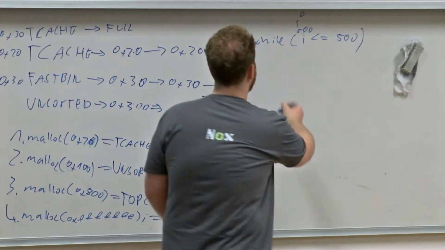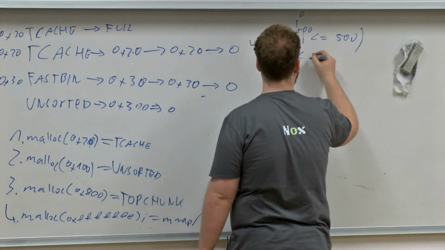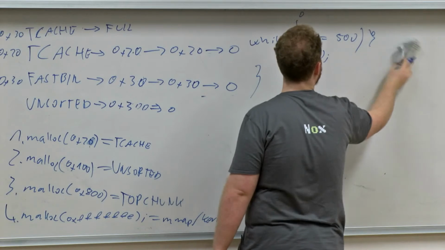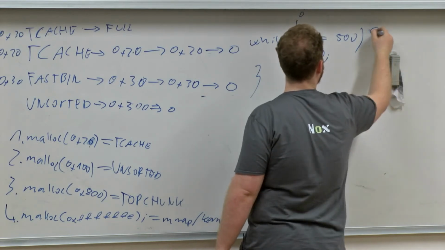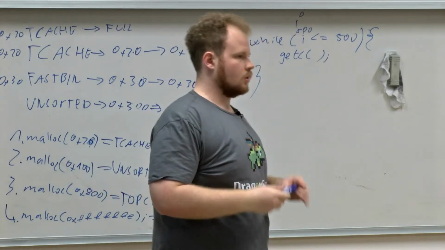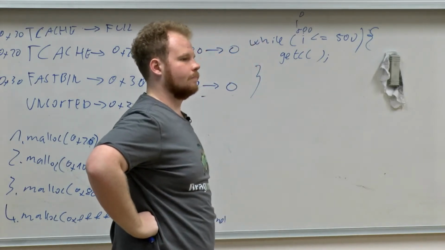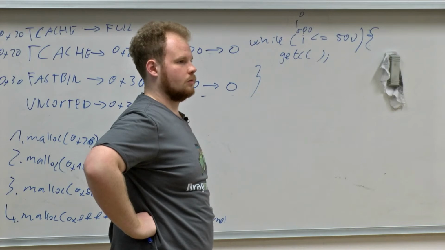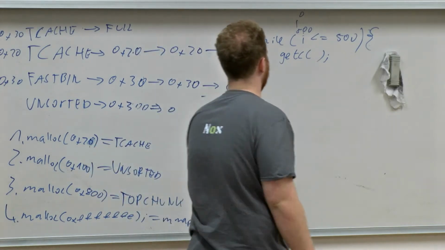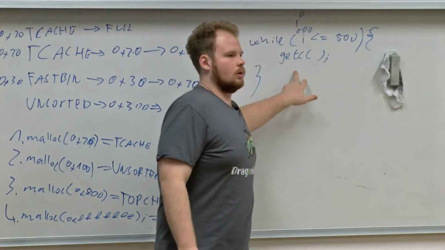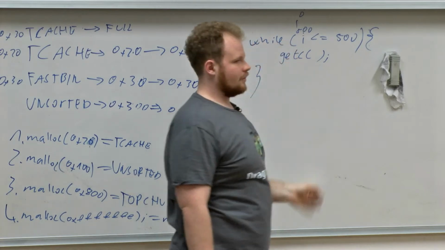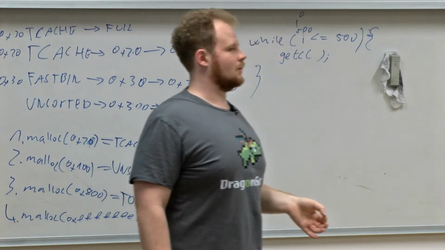Let's say that you're writing here, getchar. How many bytes did you read? 1. Yeah, so you increment i by 1 every time. Did you read 500 or 501?